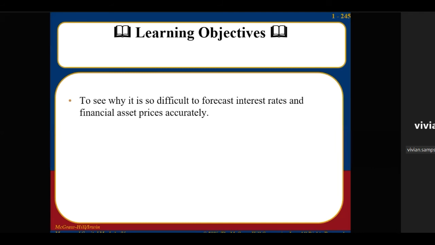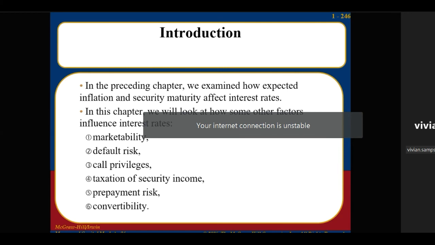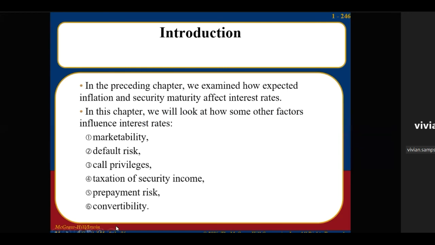So the main things that we are going to discuss in this topic are these 6 things. Very, very simple, so I want you to understand it very, very well.